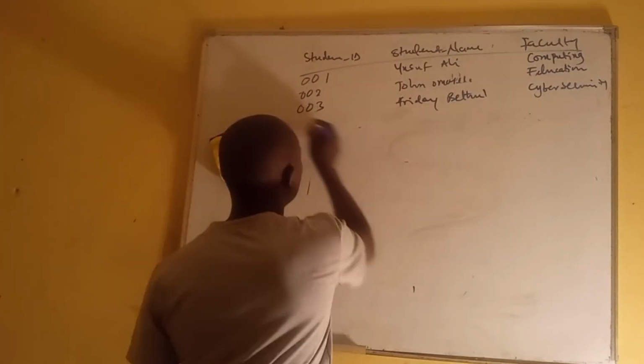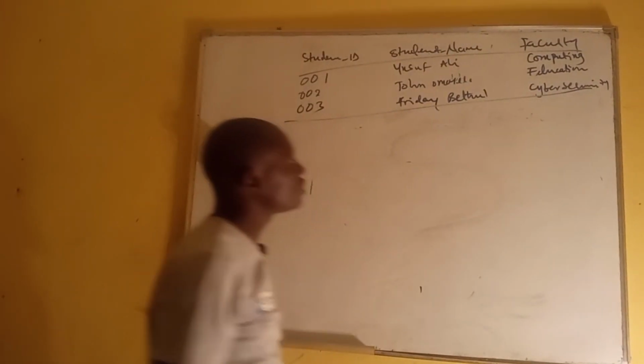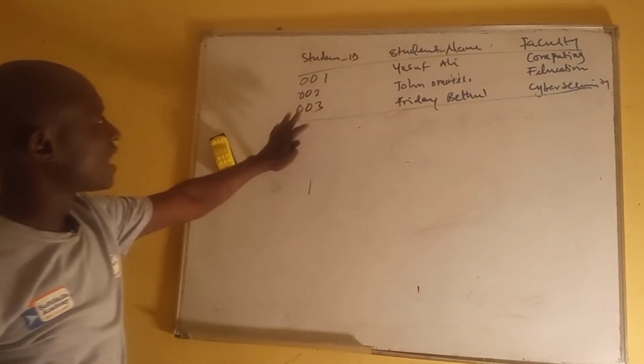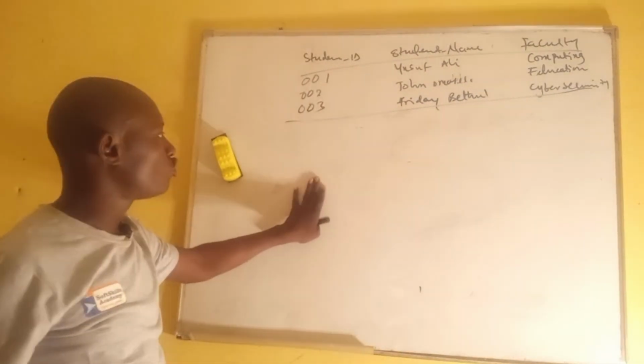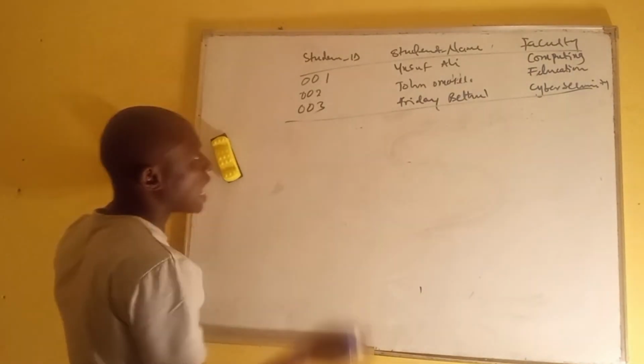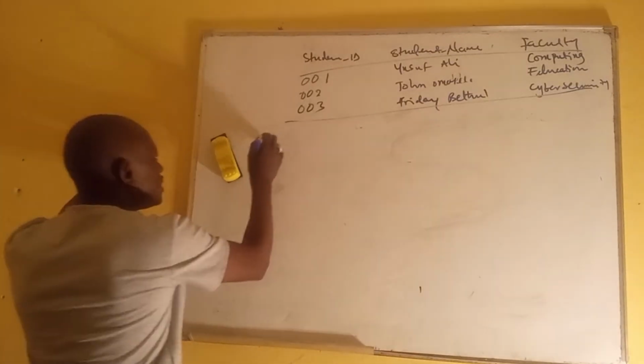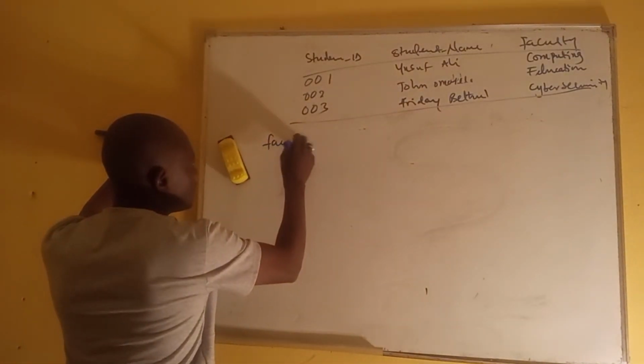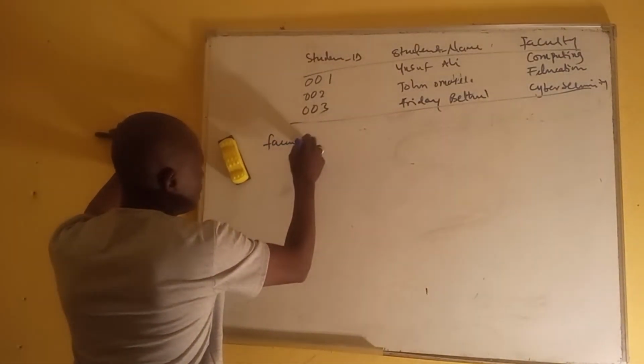Are we together? So this is the given table, right? So we are now going to look at this and then normalize this. What we are going to do, we are going to have another table which is called faculty, Faculty TBL.